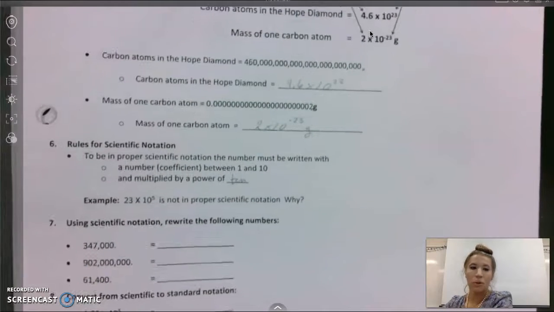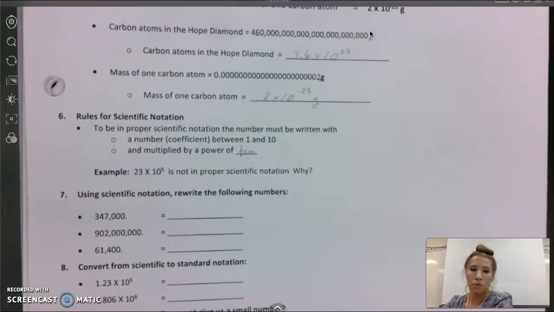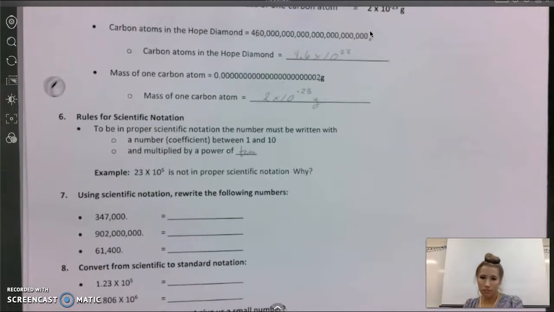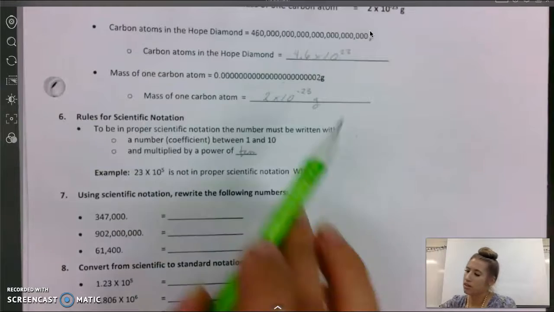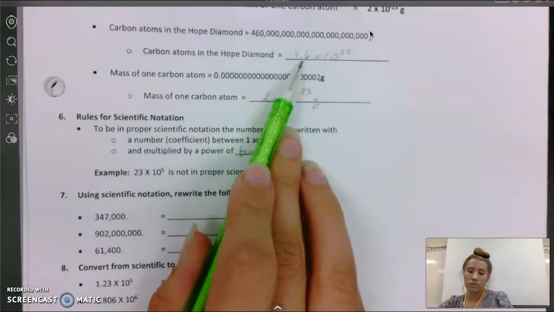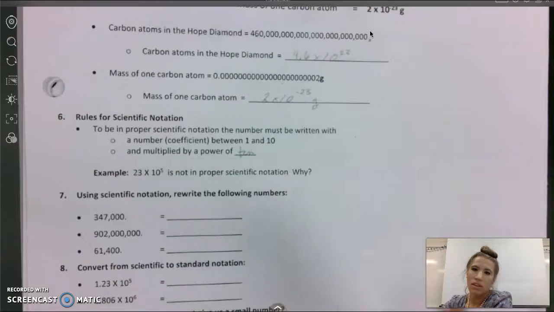Now let's talk about what we mean by proper scientific notation. The coefficient, like we said, is between 1 and 10.